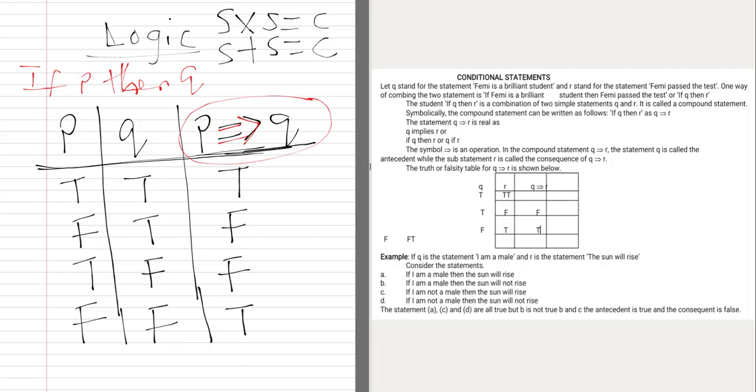If you have the compound statement, so in this context now, my P is Q, my Q is R. Or let me just change the letters I'm using, so that you won't be confused. Let me see that.